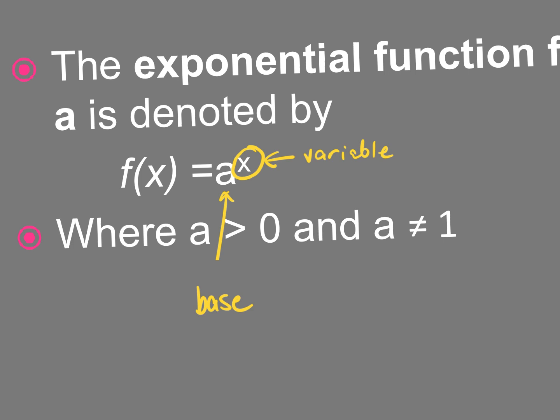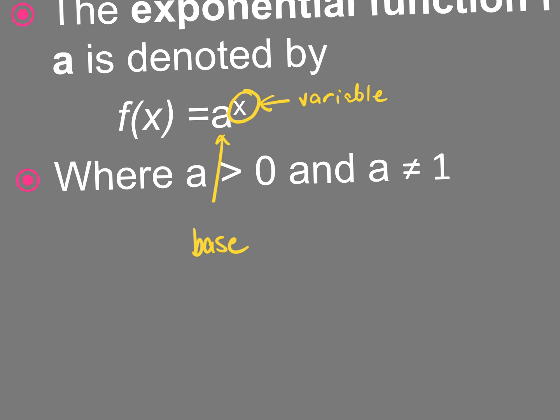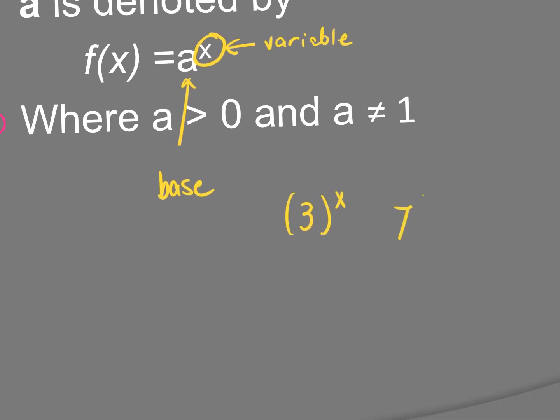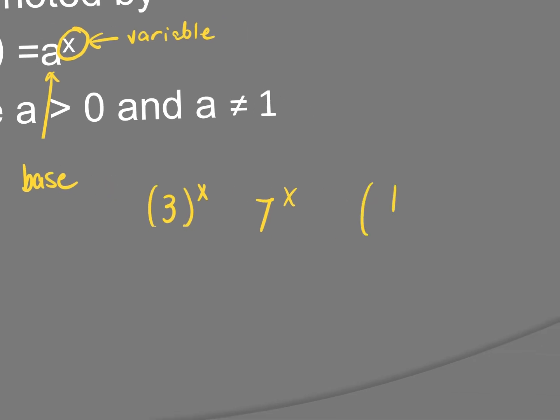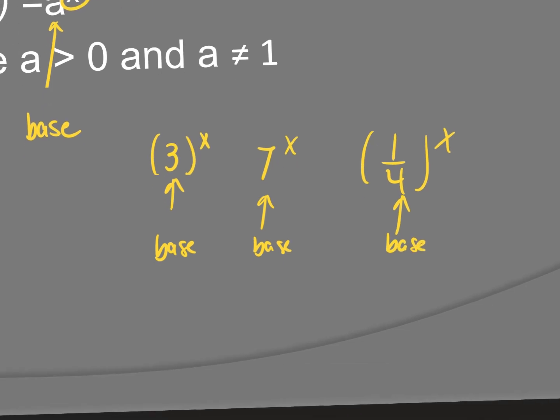It says where a is greater than 0, meaning you could have a function like 3 to the x power, 7 to the x power, 1/4 to the x power. This is the base. You will never have like -2 to the x power.